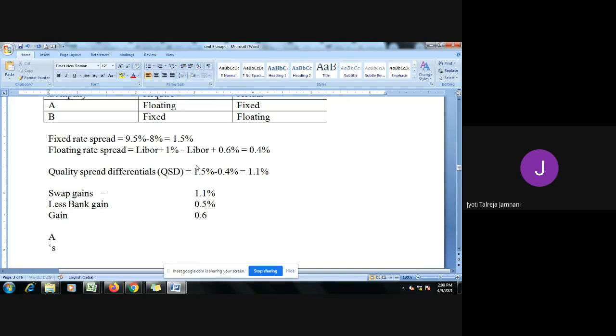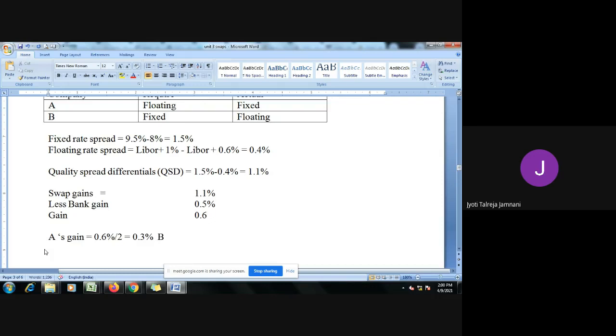So A's gain is equal to 0.6% divided by 2, which will be 0.3%.